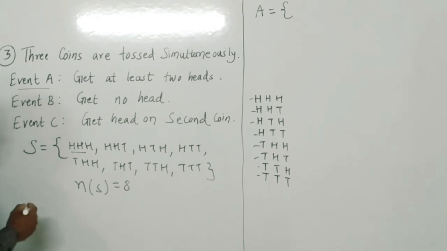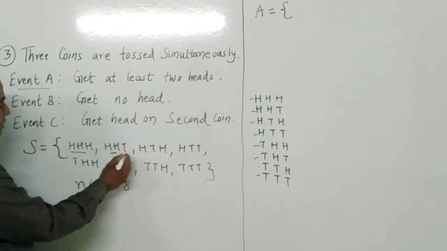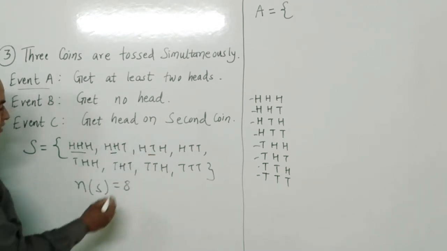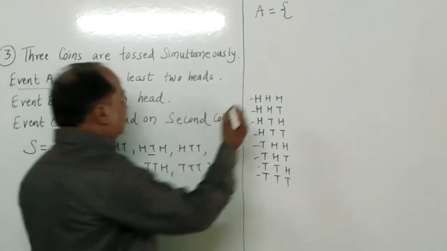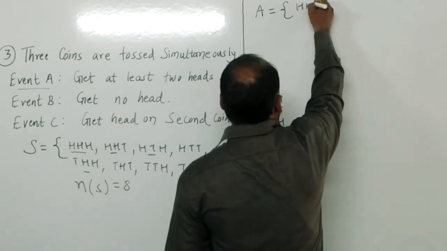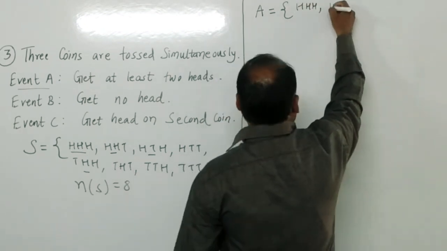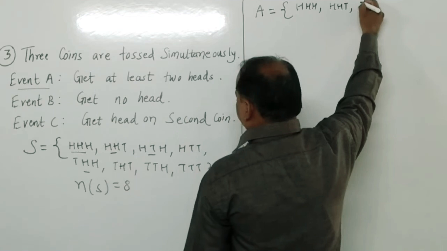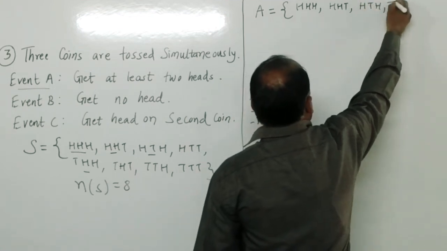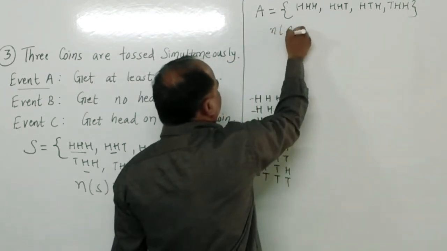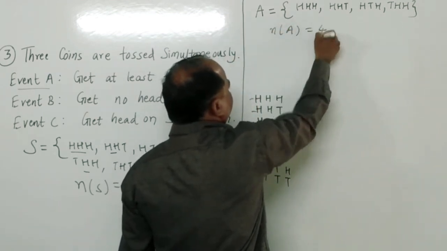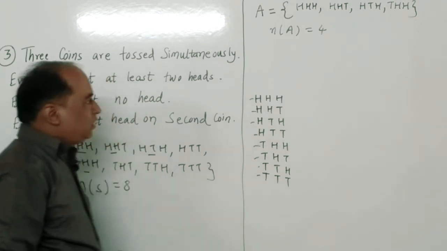So this one: HHH, HHT, HTH and THH. These are the sample points in A. So n(A), the number of sample points in the event A, is 4.